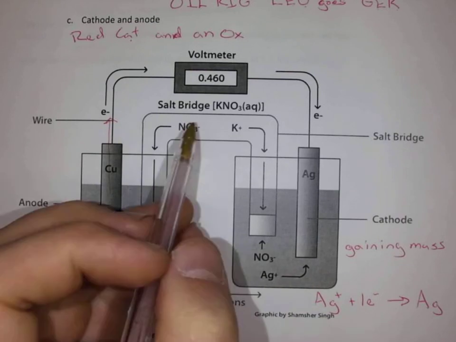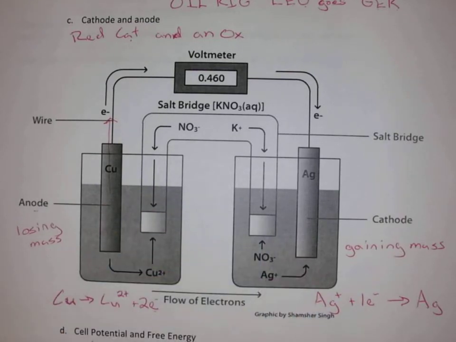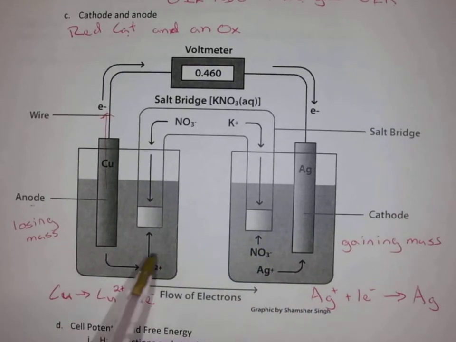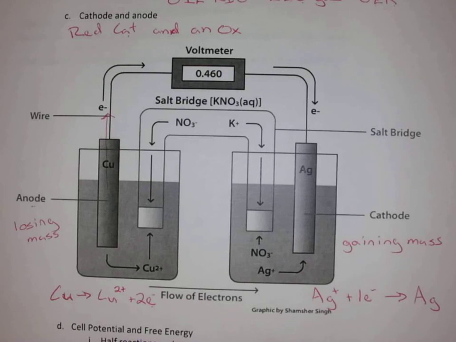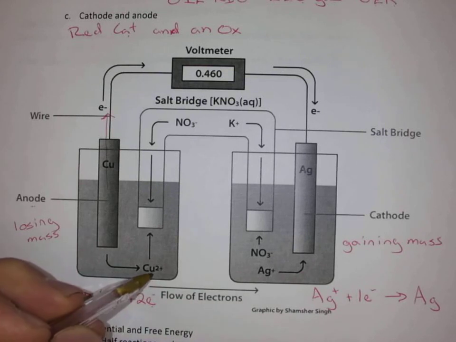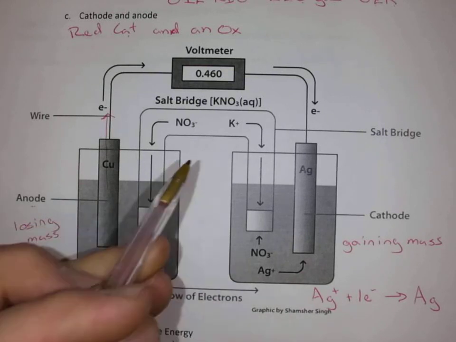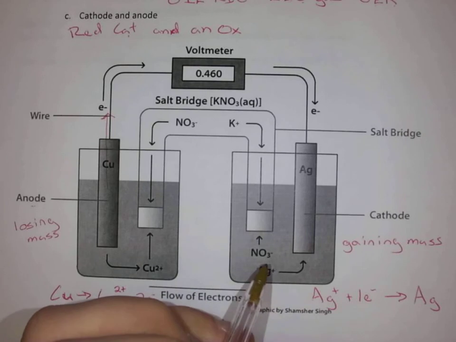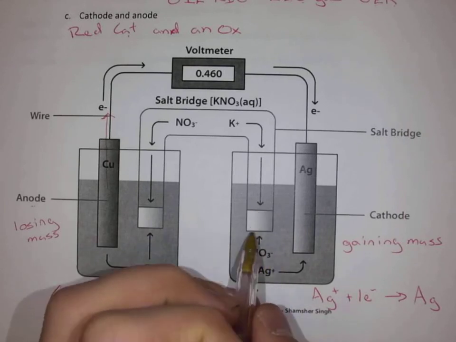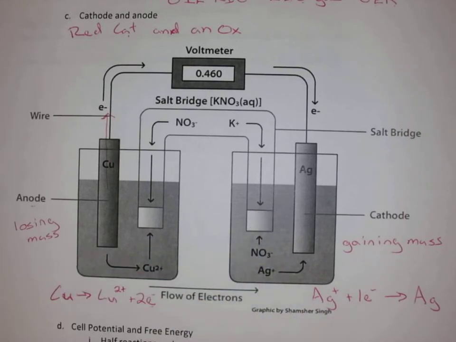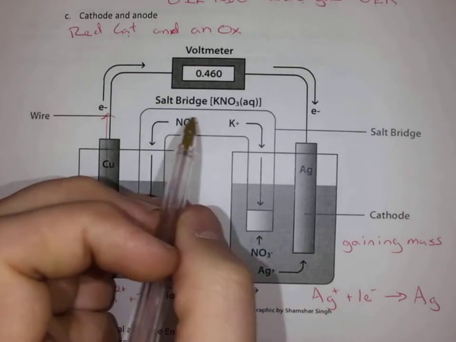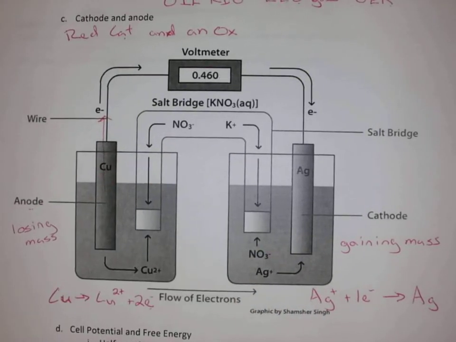The salt bridge allows for this equilibrium, or allows this reaction to occur. It blocks the copper from going up the salt bridge, and it blocks the silver from going up the salt bridge. It only lets these small ions through. So that's where our KNO3 salt bridge is going to be useful, okay?